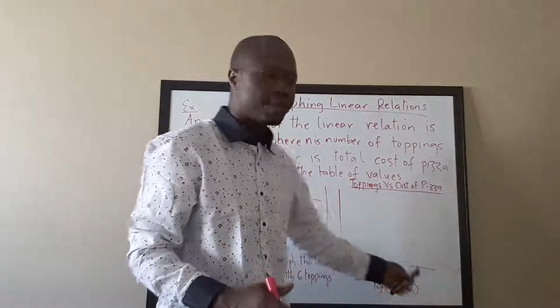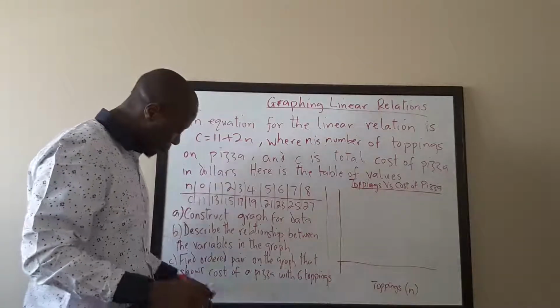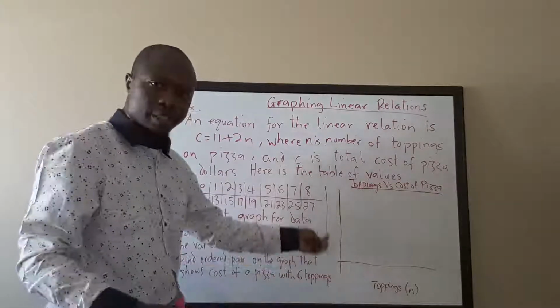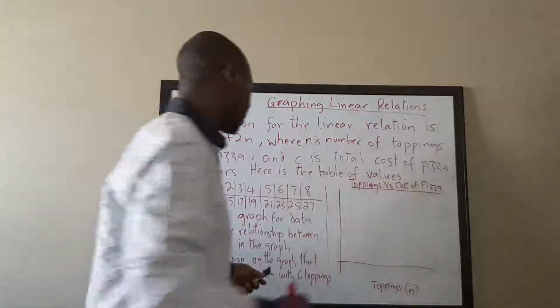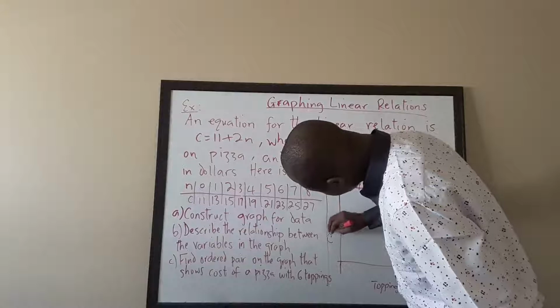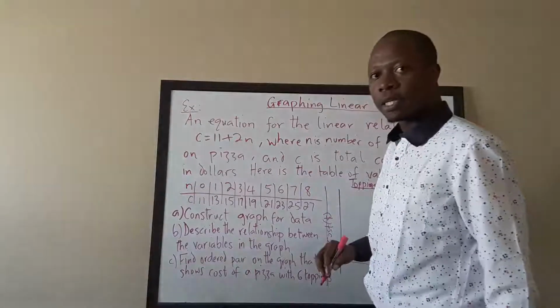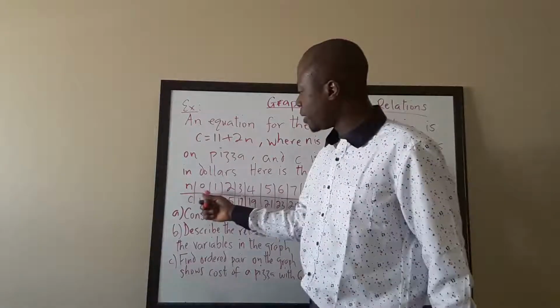So we have N here. And here we're going to go with cost. Cost is in dollars. So I'm going to do cost here. It's in dollars.